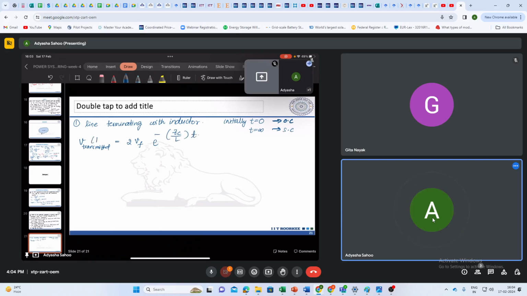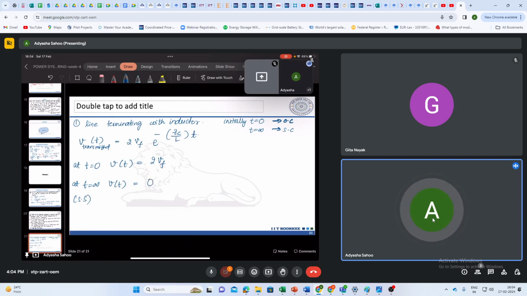So Vt at t equal to 0, what will this be? If I put t equal to 0 here, this will come as 1, so this will be 2Vf. And what about at steady state, or at t equal to infinity? This will come out as 0, e to the power minus infinity.